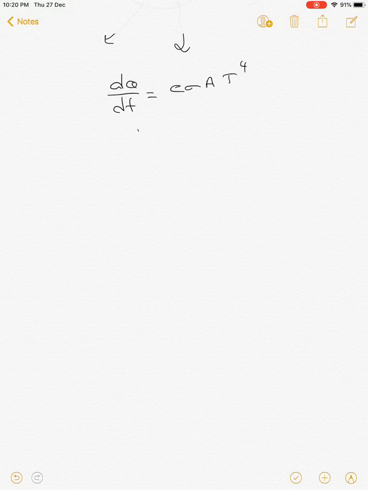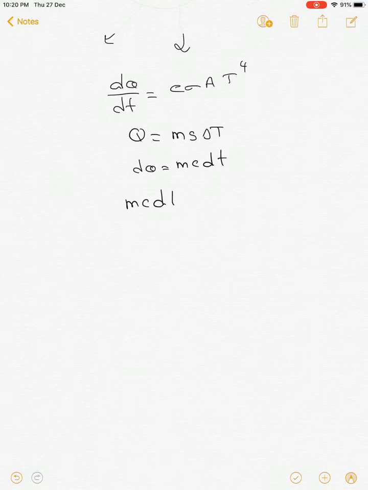Now we know that if you remove Q amount of heat energy, the change in temperature of that object will be m s delta T. So we can write dQ is equal to m c dT, as the specific heat capacity is given as C. So dQ by dt is m c dT by dt; here dT represents temperature, let's say capital T, and dt is time, is equal to E sigma A T raised to 4.